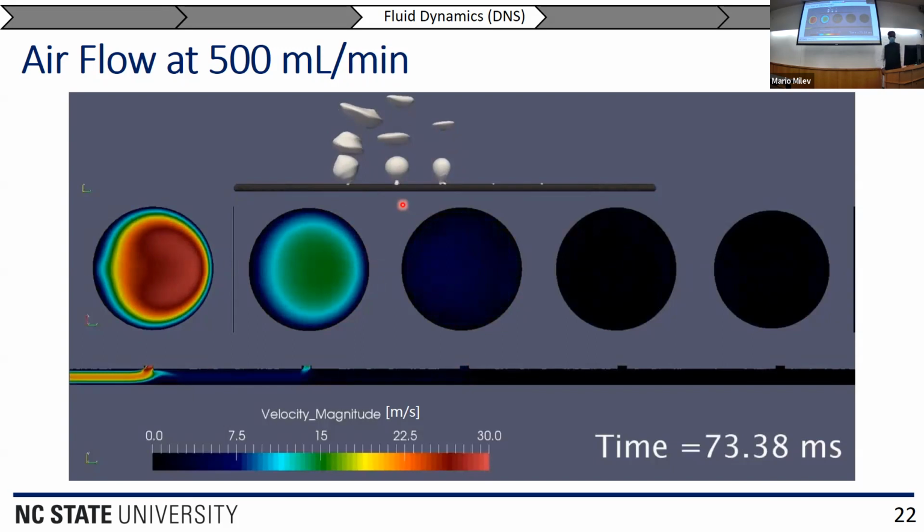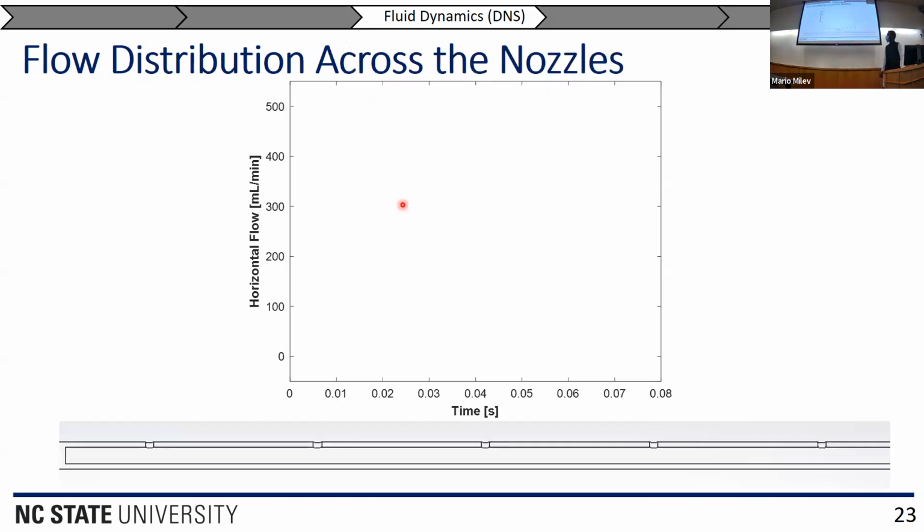Once again, we can look at that more quantitatively in a slide like this. This is looking at the Z flow, so that's the flow across the nozzle, and the positive Z direction is this way. Before the nozzle, this should roughly equal your inflow rate, and we see that consistent 500 milliliters per minute there.